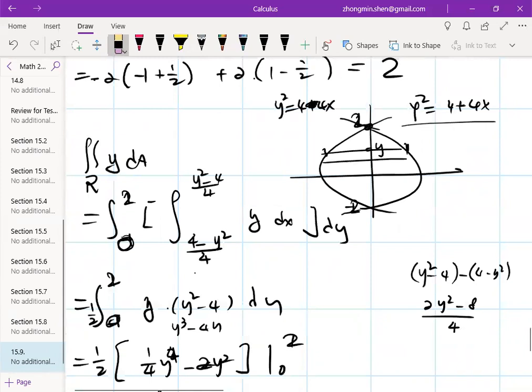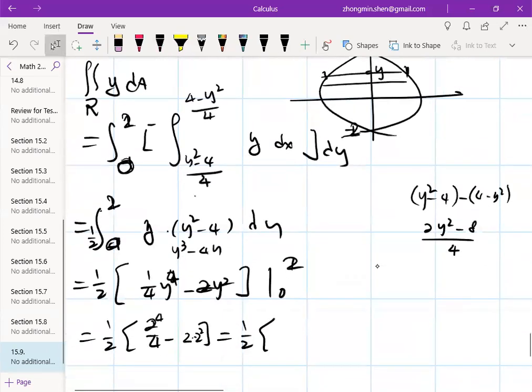So this will be a small change here, and here the top one is 4 minus y squared from here. This one will be y squared minus 4. This should be smaller. So when I take the difference, my difference here is 4 minus y squared instead.